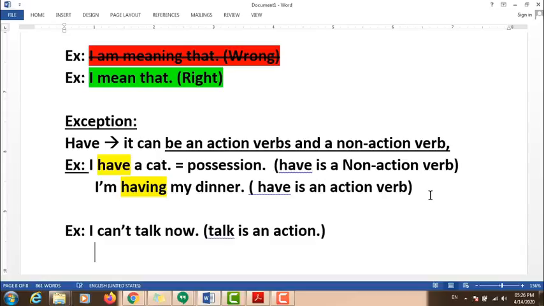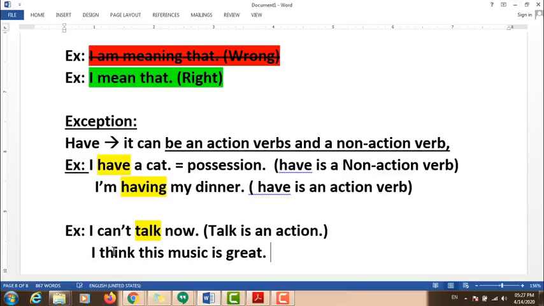You can use it as a non-action verb also, like this: I think this music is great. Okay, so this is a non-action verb. So which tense do I use? I use simple present.